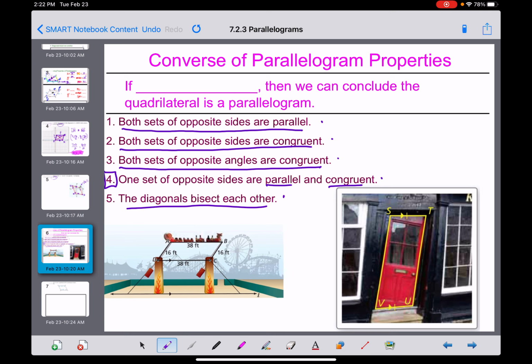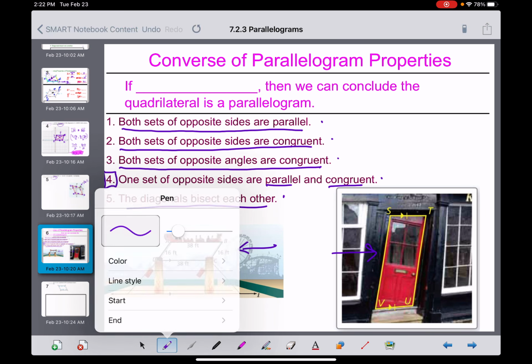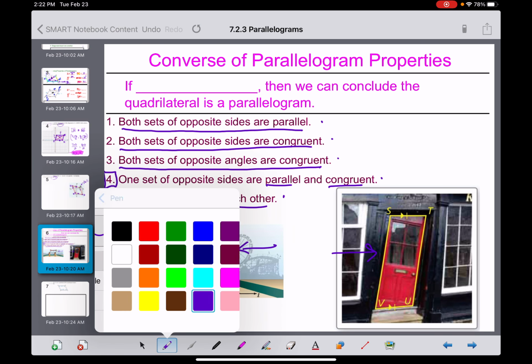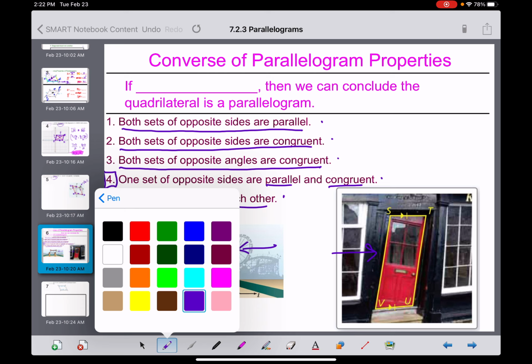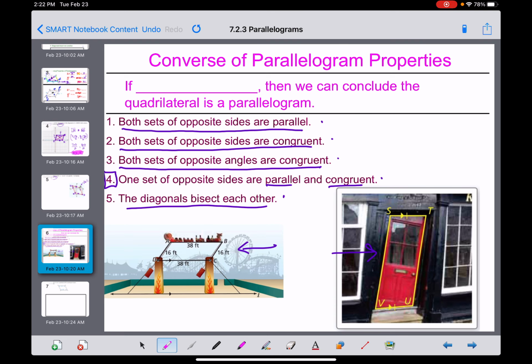So I have 2 quadrilaterals here. It looks like we're at an amusement park, and this is a door in England. And we want to see, are these quadrilaterals actually parallelograms? Looking at this first example of the amusement park, I see that opposite sides are 38, and the other set of opposite sides are 16.